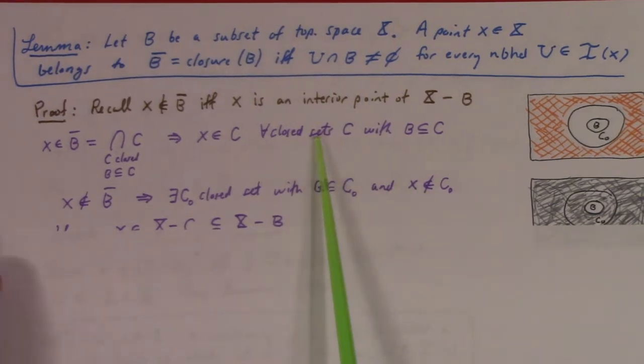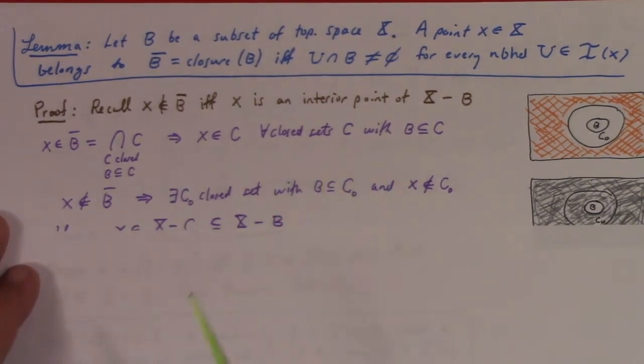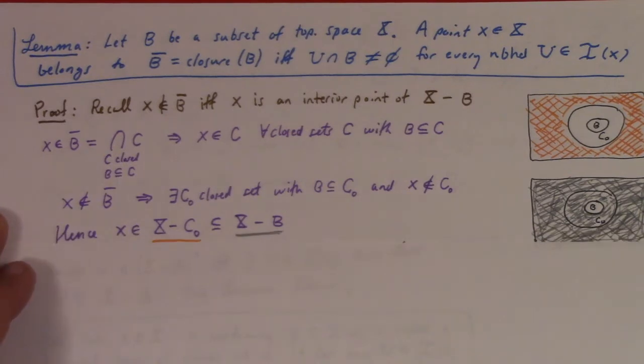I'm just negating this. Hence X is an element of the complement of X by C naught, which is a subset of X minus B.